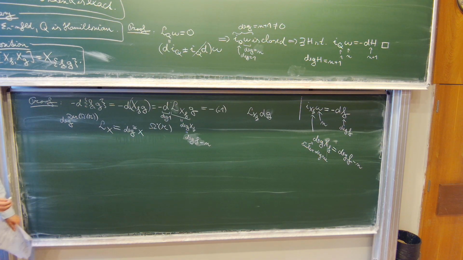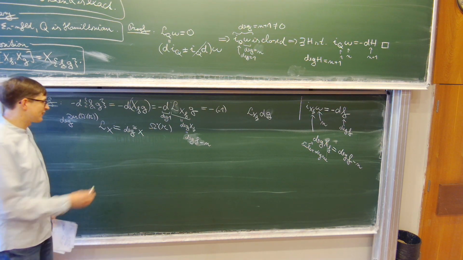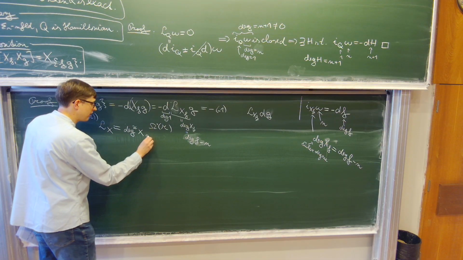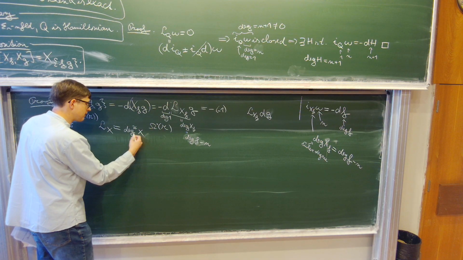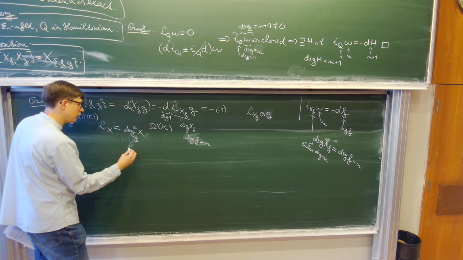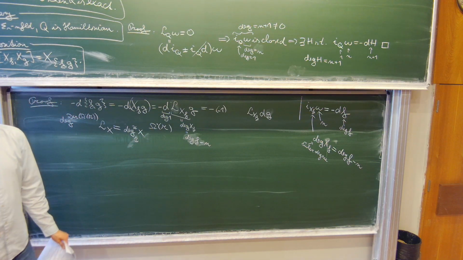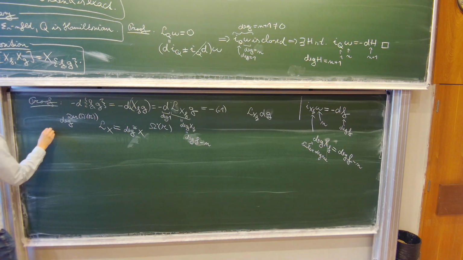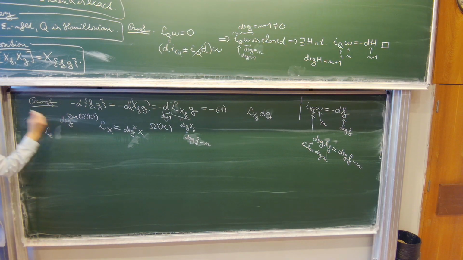Maybe we can calculate the Lie derivative with respect to the Euler vector field of Lx, and then you will see. Yes, so the important thing is that on functions, the Euler vector field is the thing that returns the degree of that function.